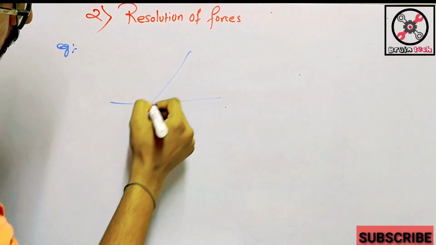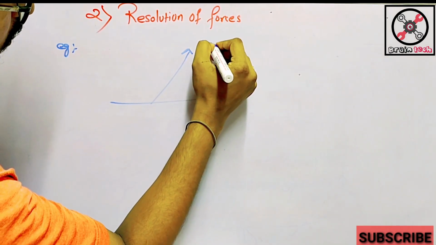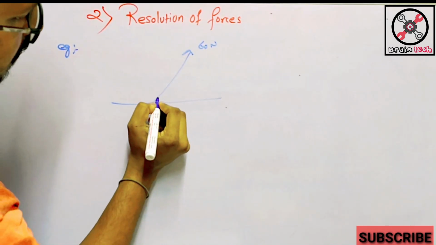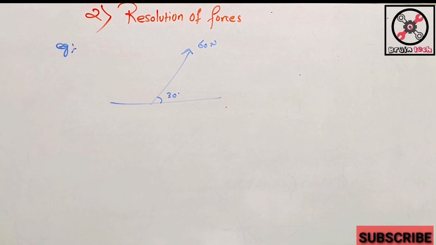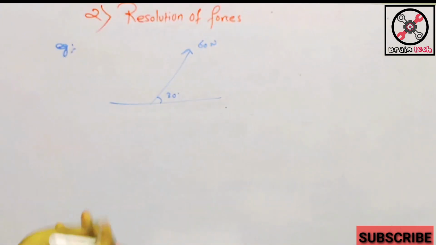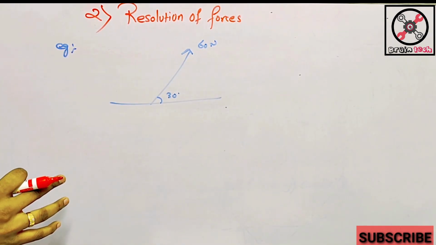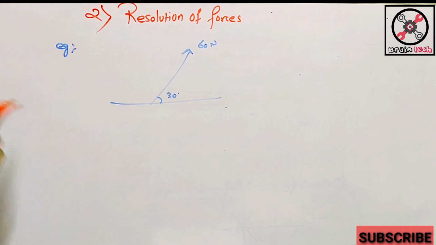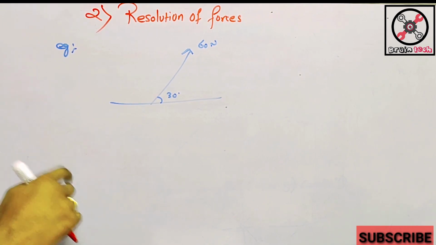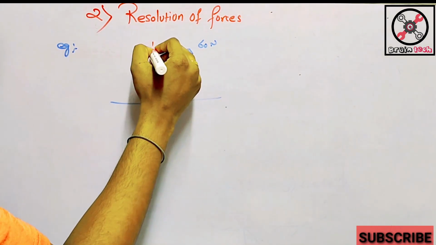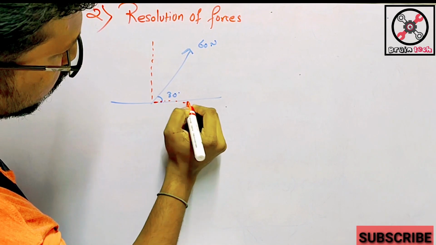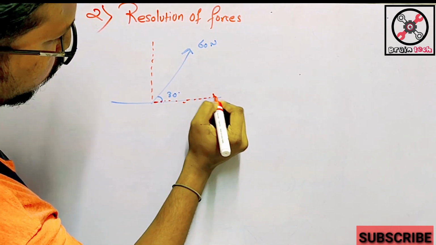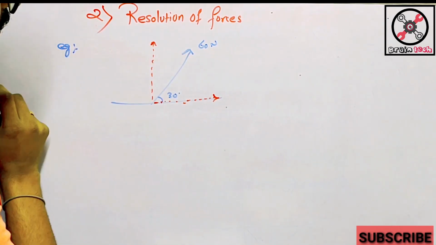Suppose here is one inclined force of 60 kilonewton. It is making an angle of 30 degrees. Whenever you see an inclined force, immediately convert it into two components, that is horizontal component and the vertical component, such that draw two mutually perpendicular forces for the inclined force of 60 kilonewton.